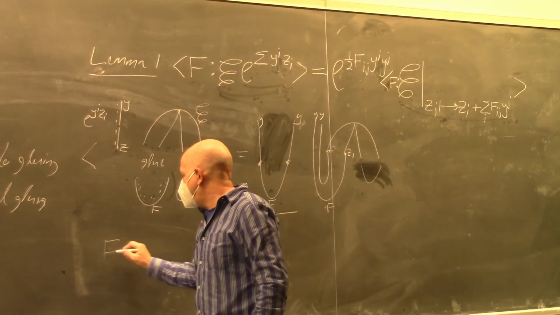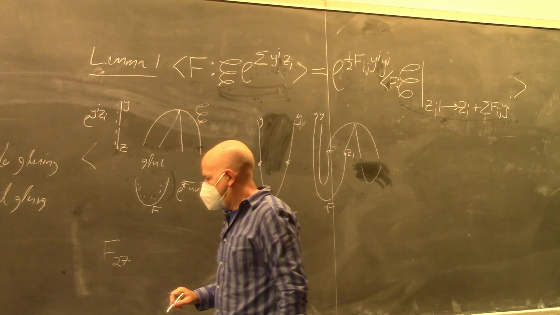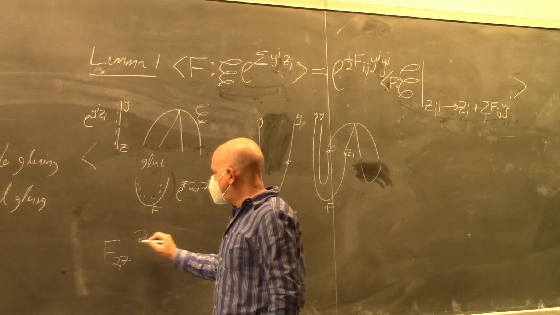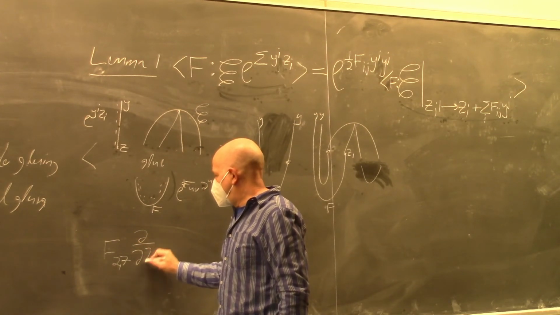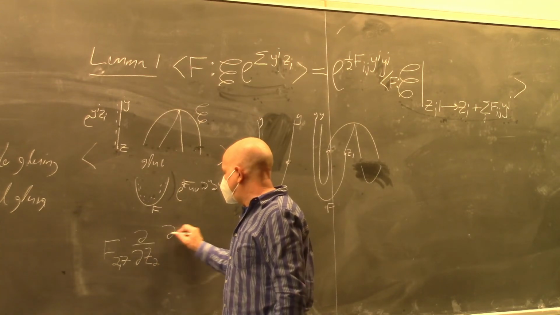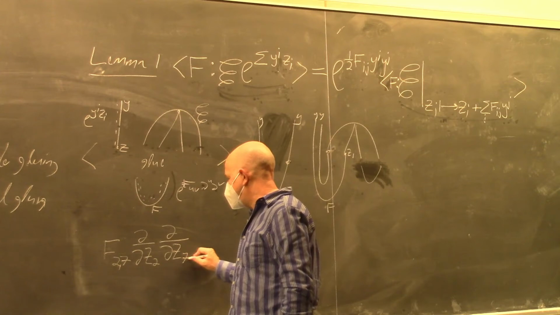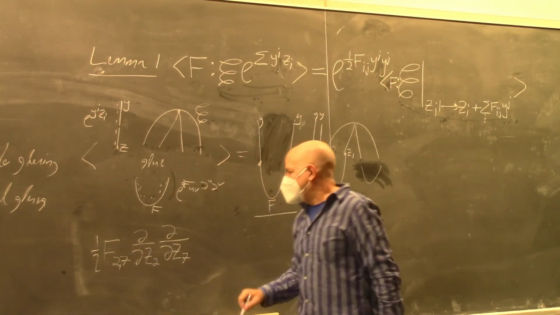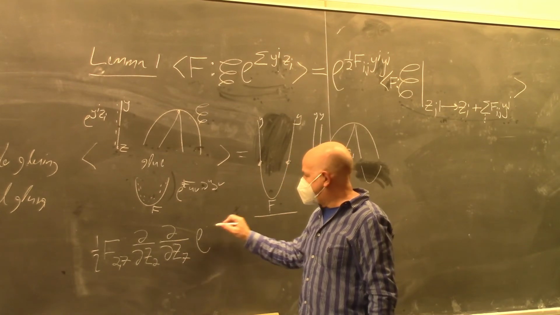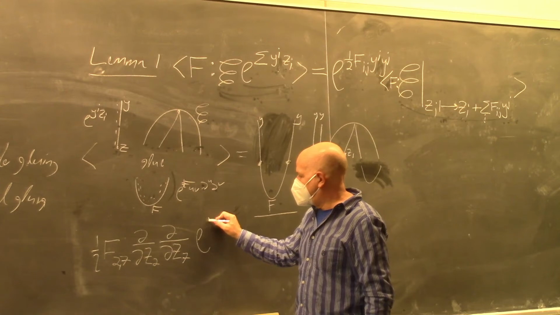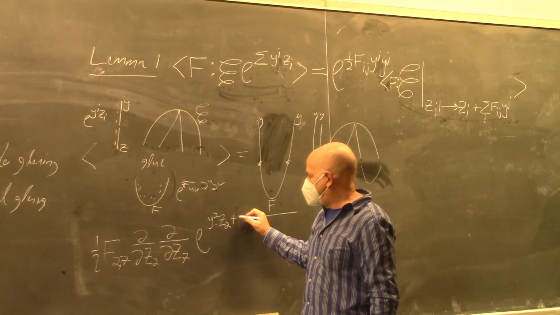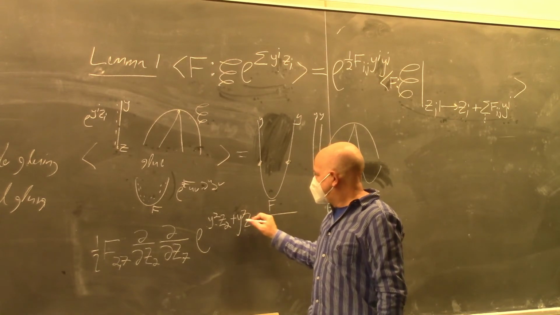So if you have f(2,7), sorry, it's not 27, it's 2,7, d/dz2, d/dz7, acting on e to the lots of things, but these lots of things include y2 z2 plus y7 z7.